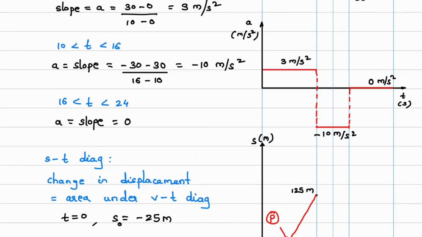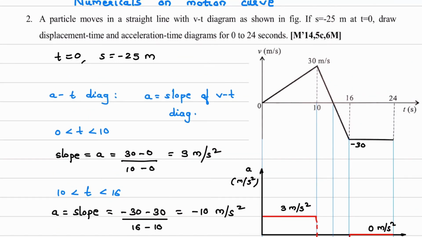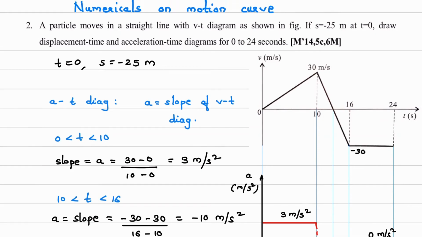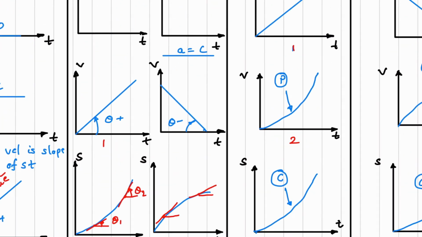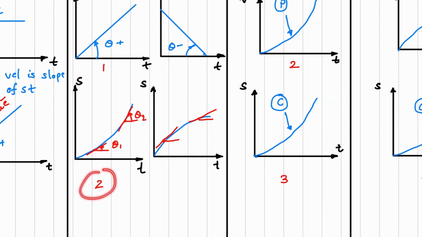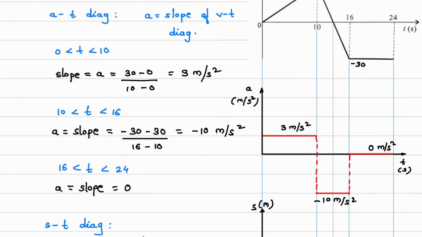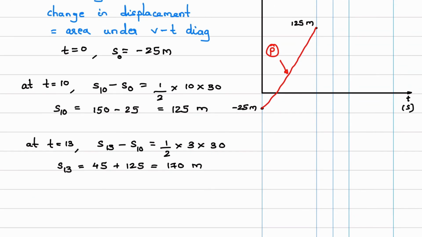Why parabolic? Because velocity is linear. We had seen this, na? When velocity is linear, here you can see when velocity is linear, ST diagram is parabolic. So that is why this will be parabolic.